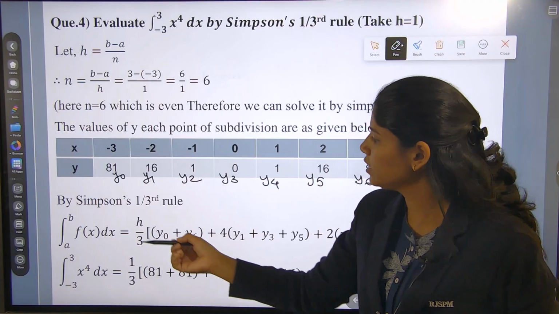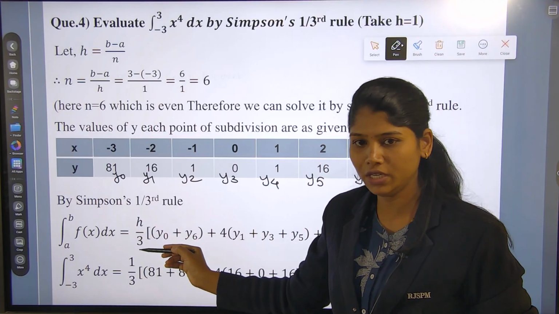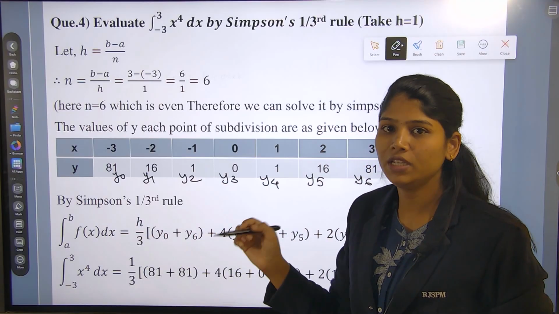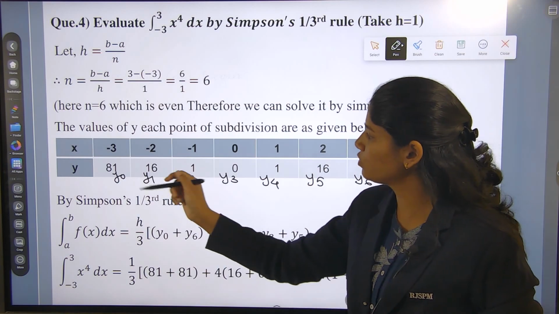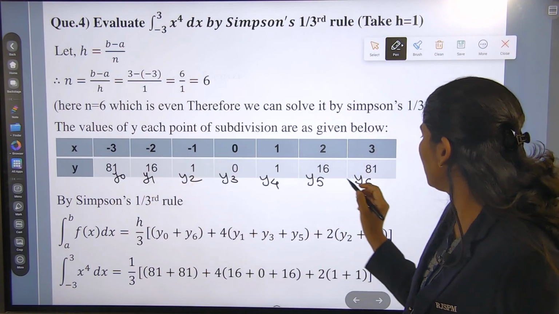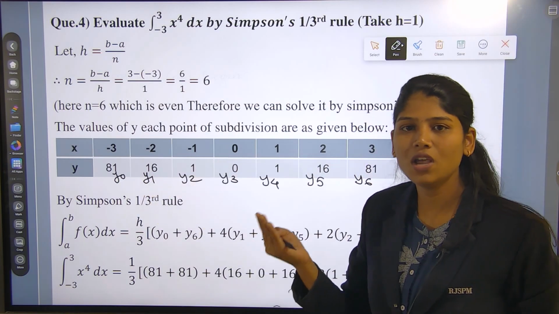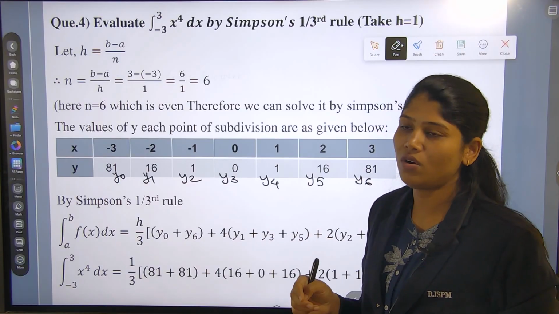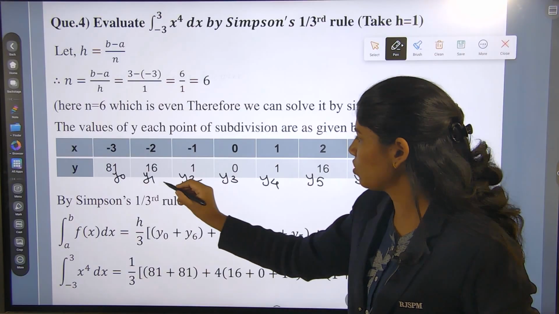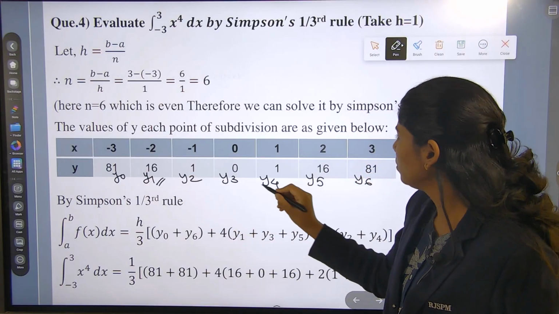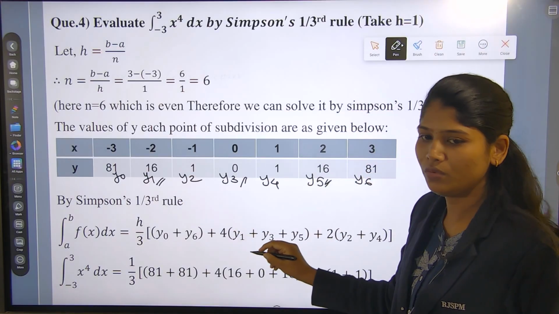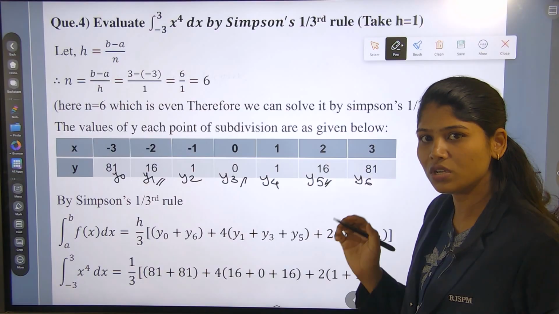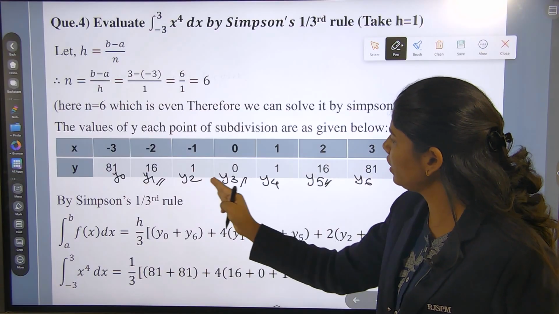The formula is h/3 in bracket the sum of first and last term. So the first term is y0 and the last term is y6. So y0 plus y6 plus 4 into sum of odd terms. So odd terms are y1, y3 and y5. Okay, plus 2 into sum of even terms, remaining even terms.